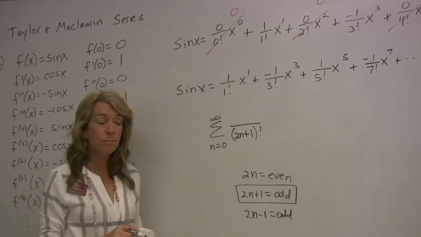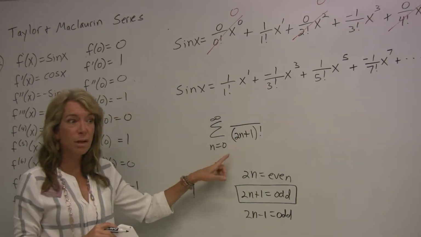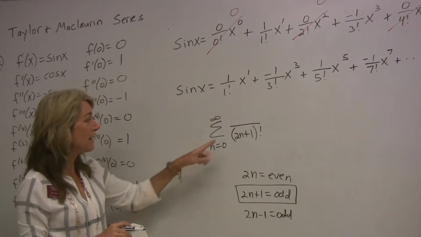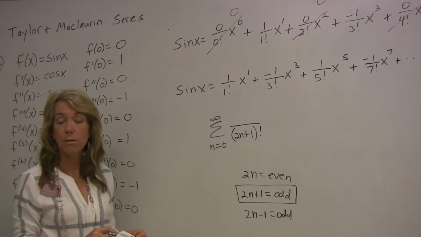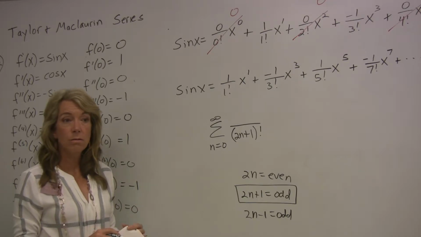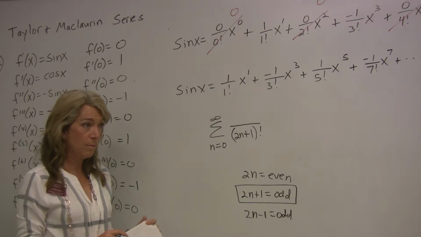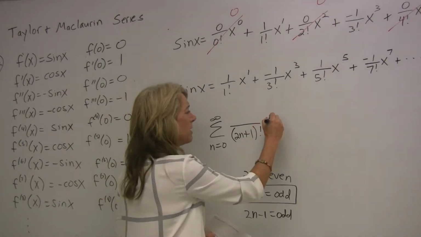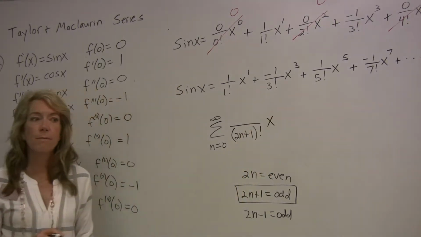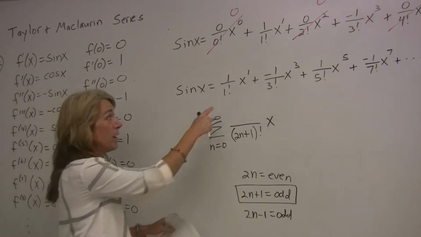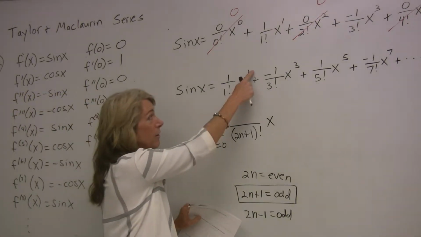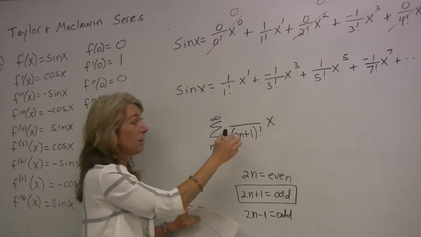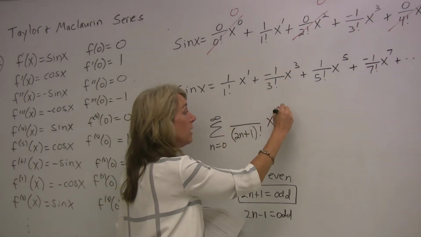If you're not sure, plug in 0, plug in 1, plug in 2, make sure you get those same terms. So that takes care of the denominator. We all right there? Bless you. X raised to what power? 2n plus 1. Remember, this number down here, this factorial, always matches the exponent. So if we've got a 2n plus 1 down here, we've got a 2n plus 1 exponent.